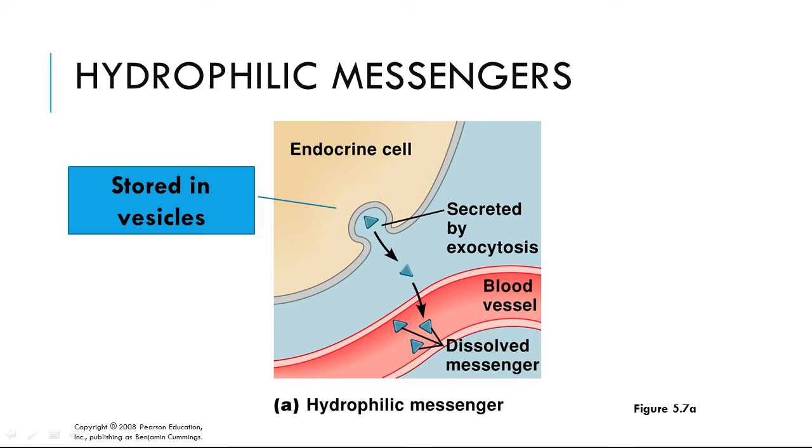My body cannot make a bunch of estrogen and store it because it's what? Lipid soluble, lipophilic. But I can make some of these protein messengers and keep them around. Wait to use, get them ready to go, like the neurotransmitters in your nerve cells. They're ready to go. You don't have to wait for them to be manufactured.